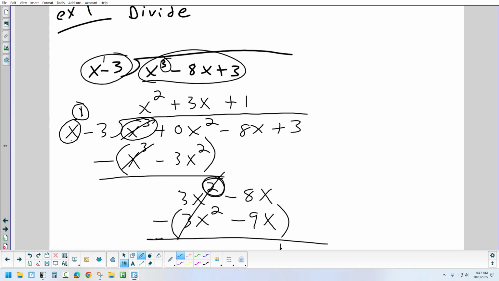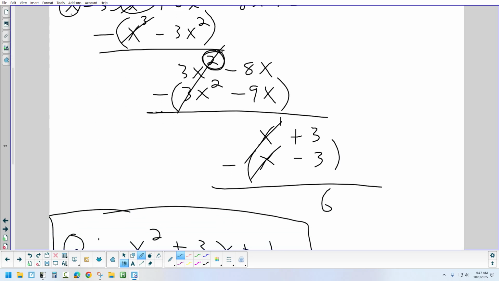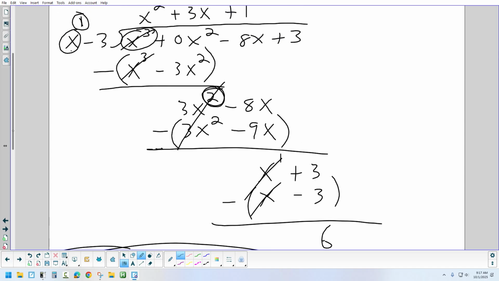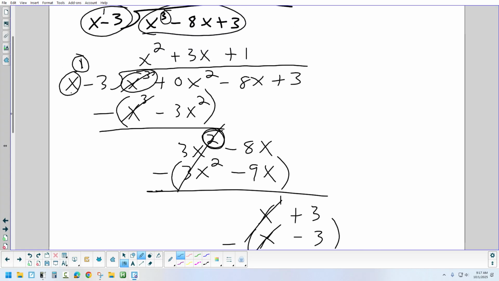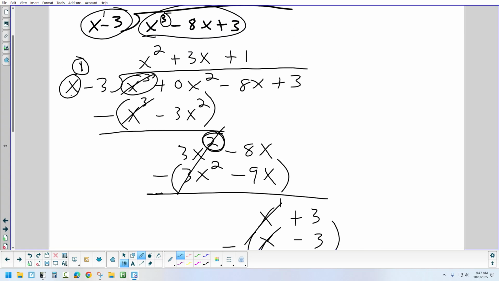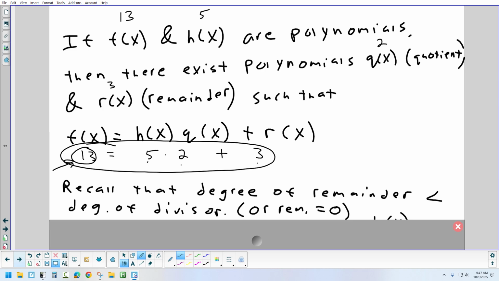Degree on the divisor is a 1. What's the degree on that? Yeah, 0. That's a constant. So the degree on the remainder always comes out smaller than the degree on the divisor, or you end up with a remainder of 0. That can happen as well.